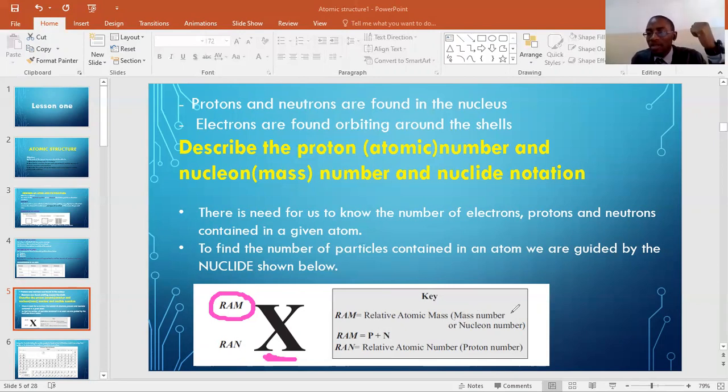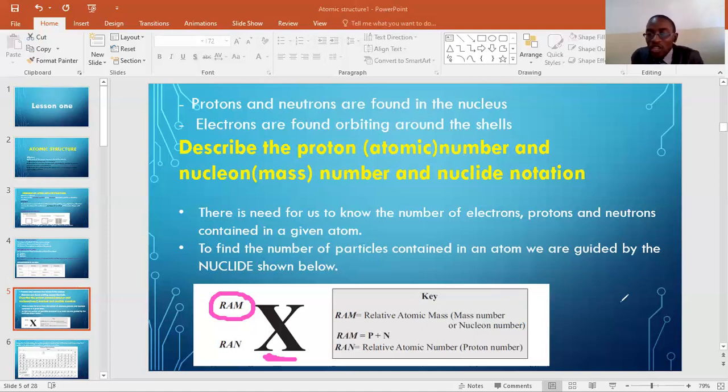Remember, I talked about the mass in the previous slide. What makes the mass of an atom? The proton and the neutron. So the relative atomic mass is also known as the mass number. It is also known as a nucleon number. Remember those three names: relative atomic mass, mass number, or nucleon number.